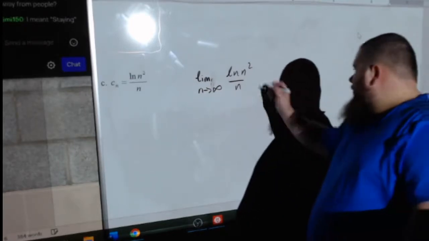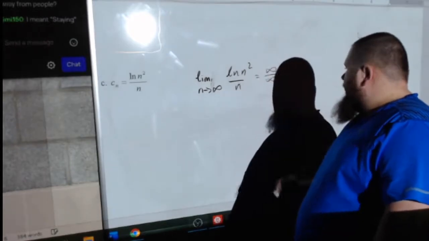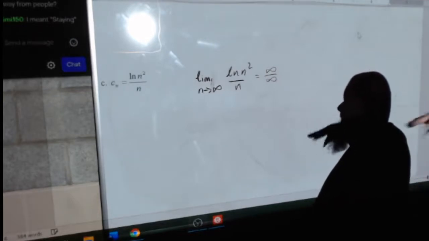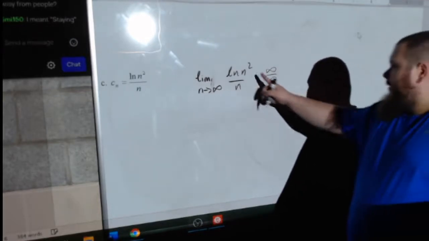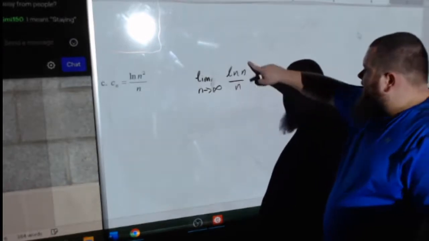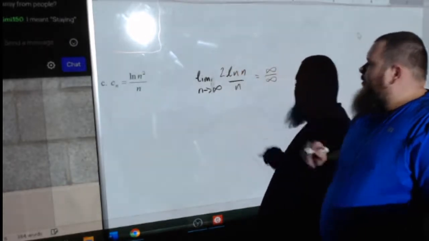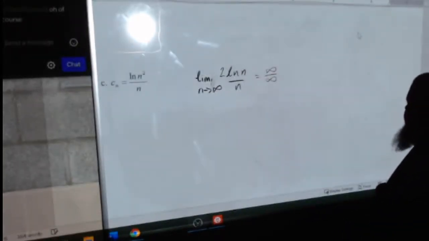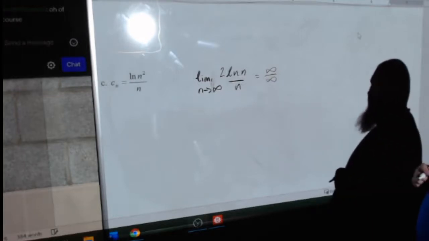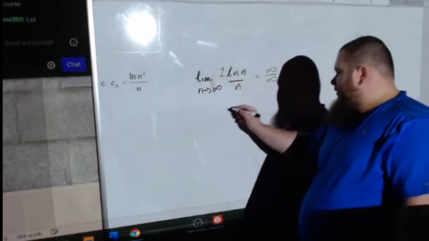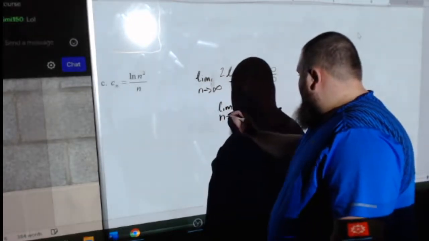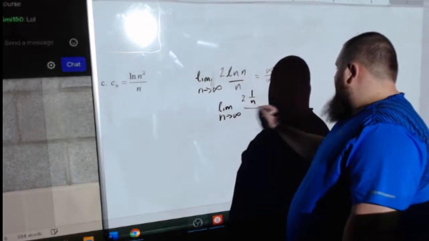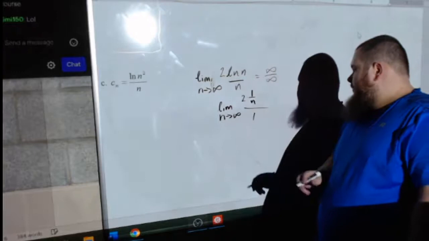L'Hopital's rule, if you remember, says take the derivative of the top and the bottom. I'm going to be a little bit clever before I do that. This square is on the n, which means I can go ahead and throw it down there. Then take the derivative of the top, which is 1 over n, and there's a 2 there, and the derivative of the bottom is 1.